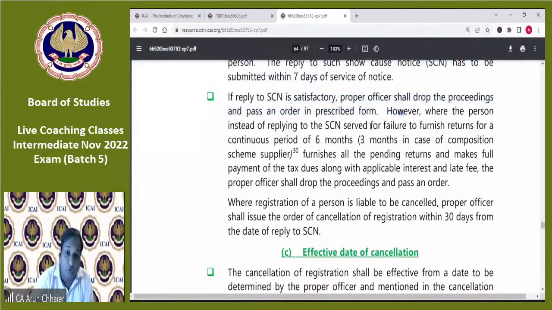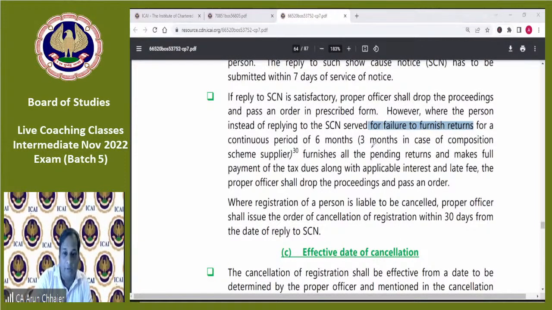However, where the person, instead of replying to the show cause notice served for failure to furnish the return, see, important point. If the cancellation is initiated by the proper officer, in case of the composite dealer, for non-furnishing the return for 3 quarters, or 3 months in case of the composition.